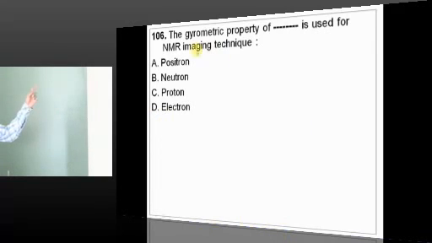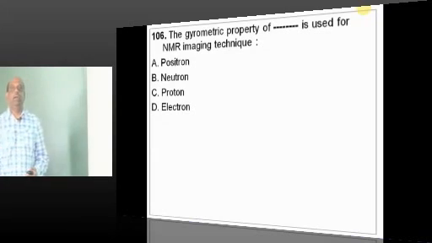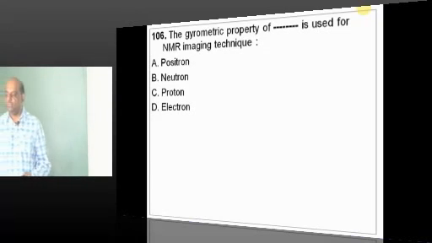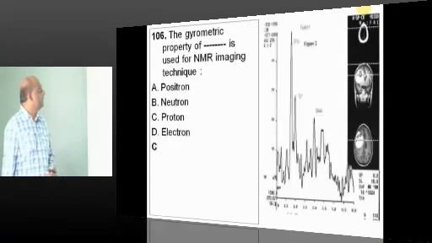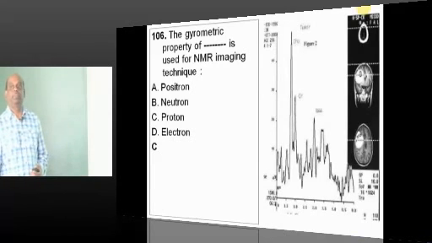Now doctor, what do you use in the case of the MRI? I am very happy to see about 50 plus viewers online and many more in all our centers. Yeah, what is your answer? Proton. Proton, that's a very simple question.